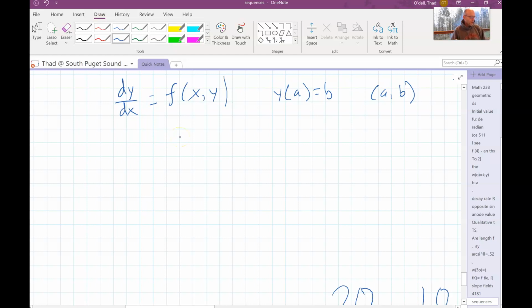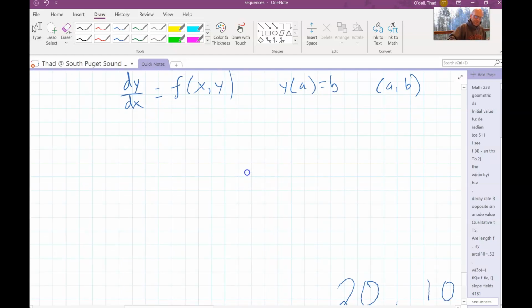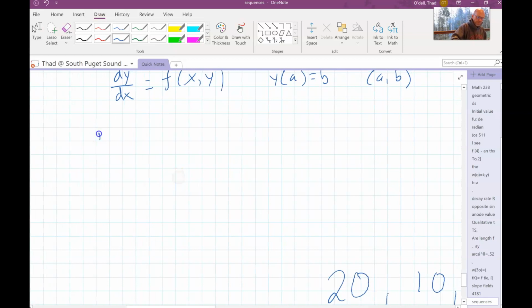Okay, so now there are three cases, three possibilities, I guess you should say, when you're dealing with a differential equation. First case is there's no solution at a particular point. So that's a possibility.